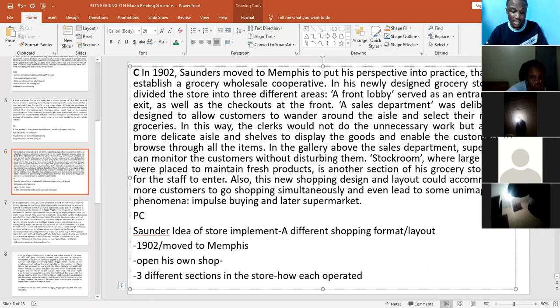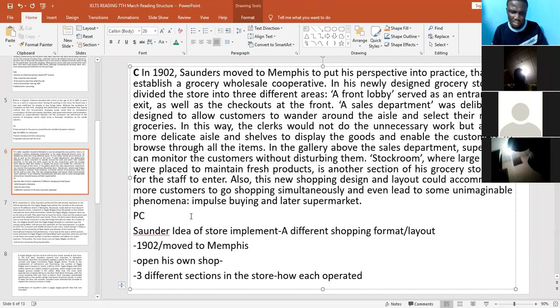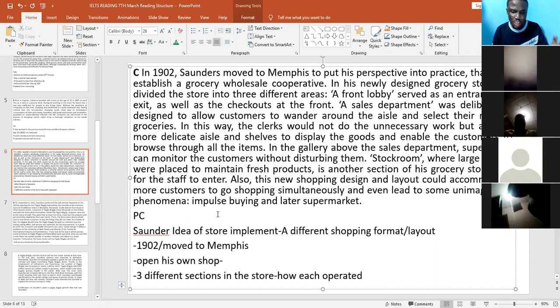I don't want to memorize. Yes, three sections in the storeroom, how they operated. I can name the three sections: the front lobby, the gallery, and the stockroom. How they operated. So that is it. This summarizes everything.